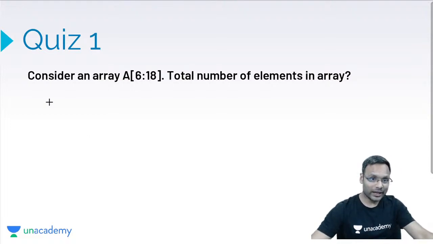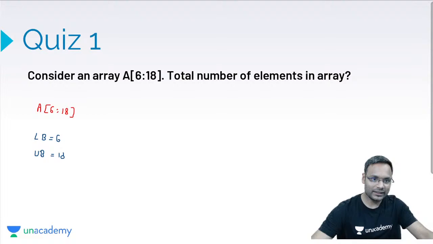Fine. How do you calculate it? This is the array given, 6 to 18. From here, you need to get lower bound and upper bound. What is the lower bound index given? Starting index is 6. Upper bound, lower bound की जगह मैंने upper bound लिख दिया. चलिए, upper bound is 18. How do you get the size of array?